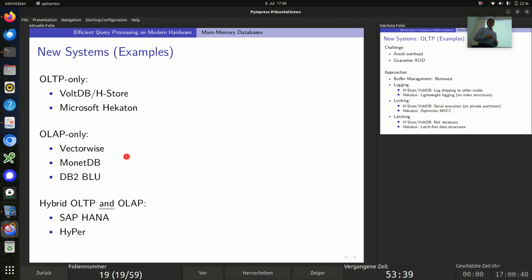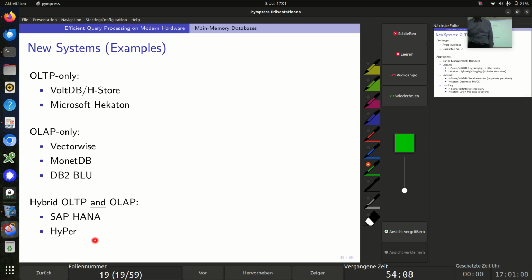And here is an overview of the systems that were implemented. Microsoft, for Microsoft SQL Server, has introduced an extension called Hekaton. There was also one, I think from MIT, called VoltDB, or H-Store. Then you have OLAP-only systems like VectorWise, MonetDB and DB2 BLU, and the HTAP database, which is the most common one, and the commercial one is SAP HANA.